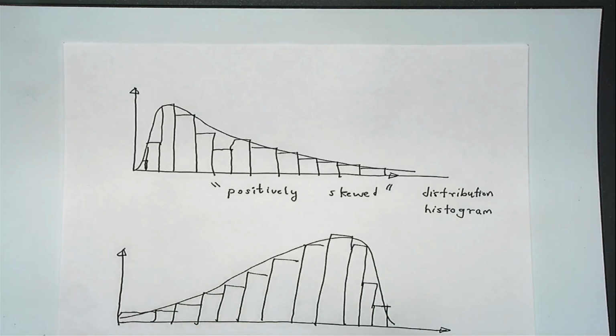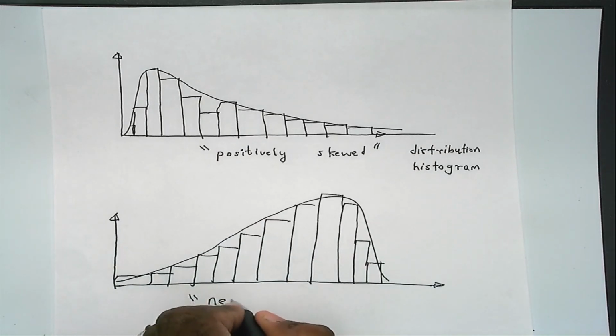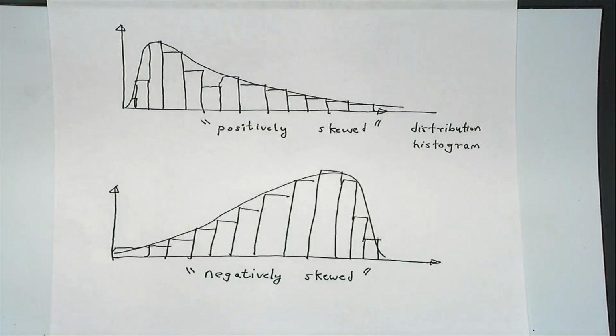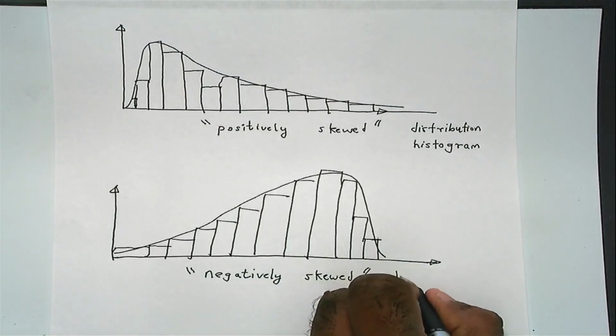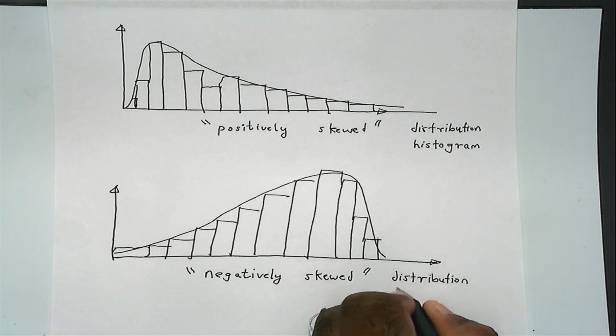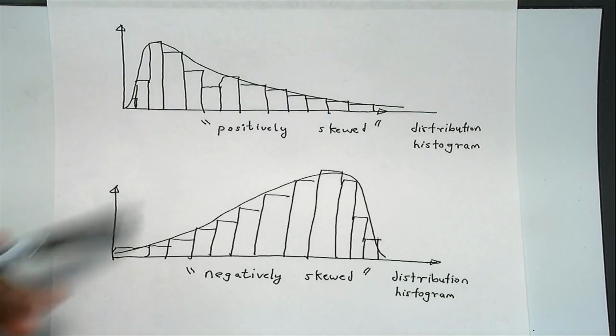In this case, the histogram or the distribution is known as negatively skewed. So you can have two kinds of skewness depending on which way it goes. If it goes this way, it's positively skewed, and this way is negatively skewed.